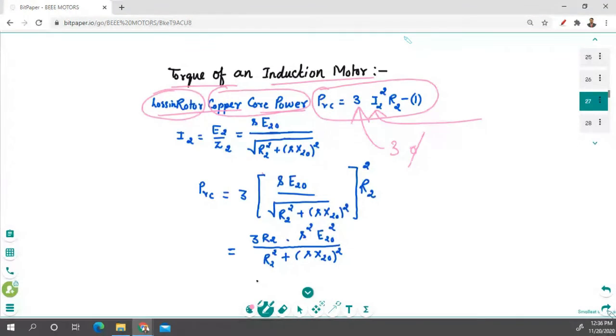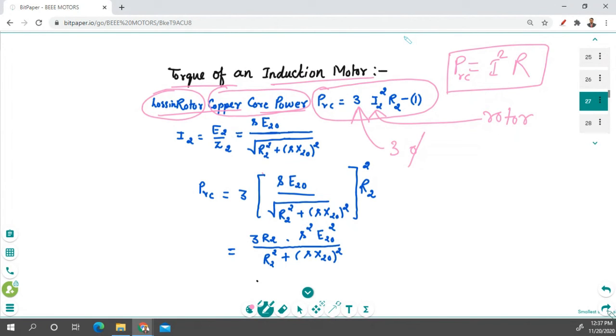Why have we taken I2? We are talking about this rotor part. Okay, that's why we have taken the current across the secondary side. So power can be calculated using I square R. This PRC, copper losses, we have seen this derivation in the previous session also.